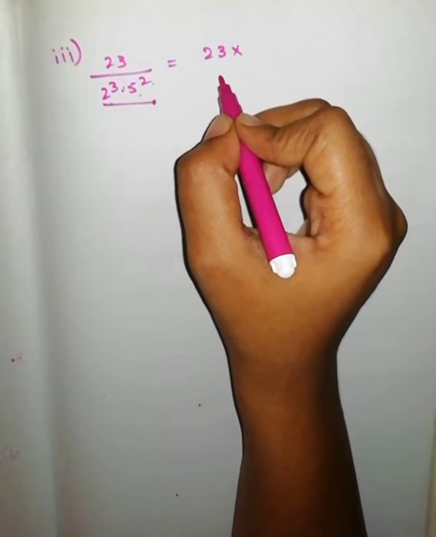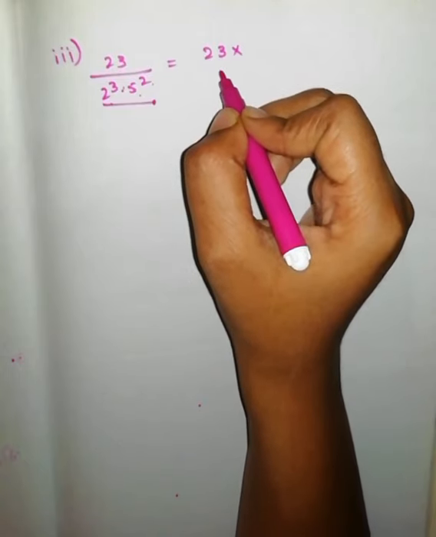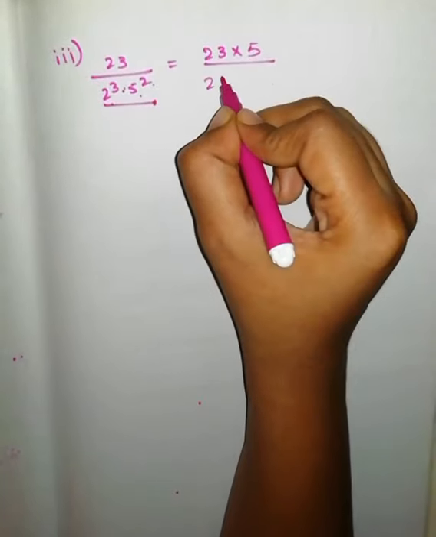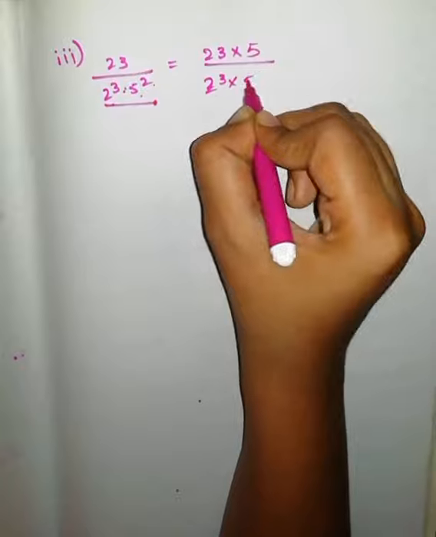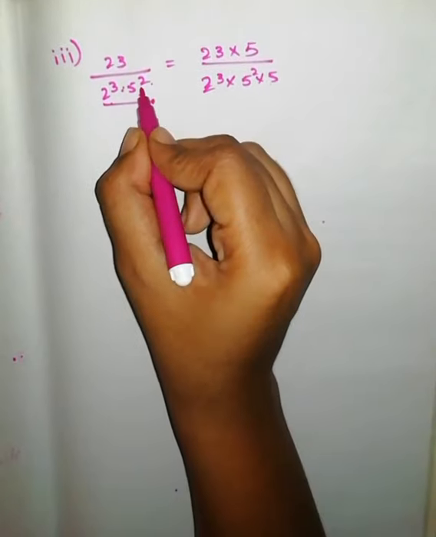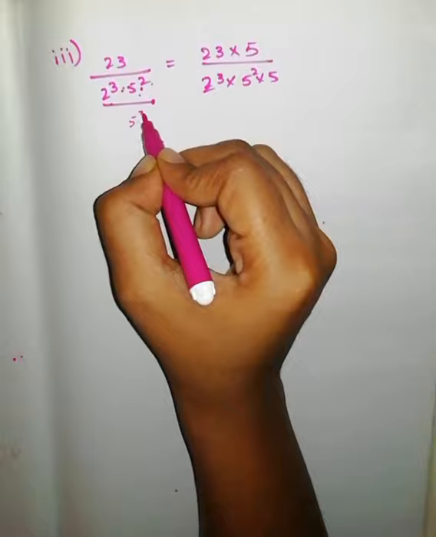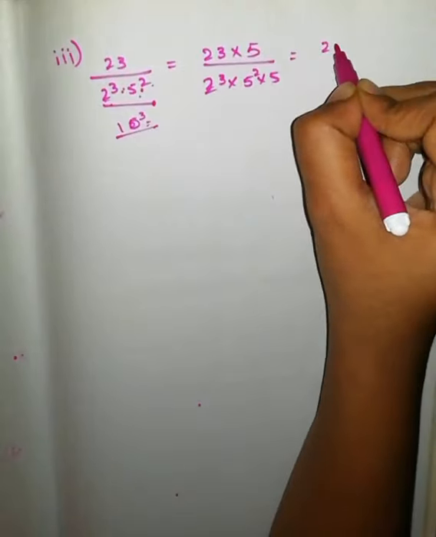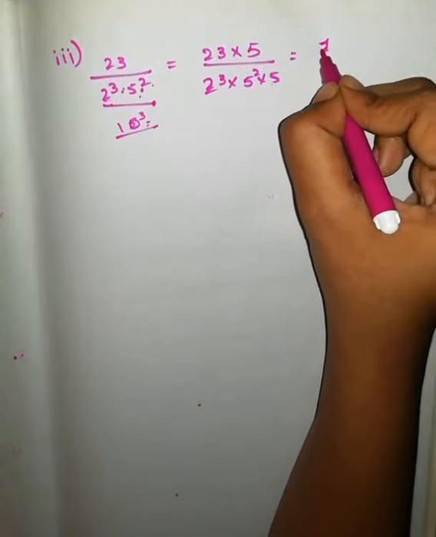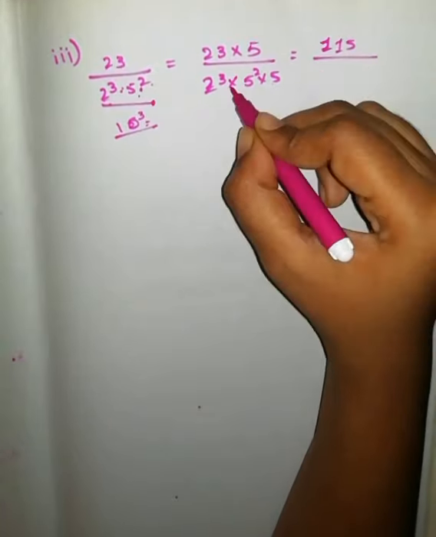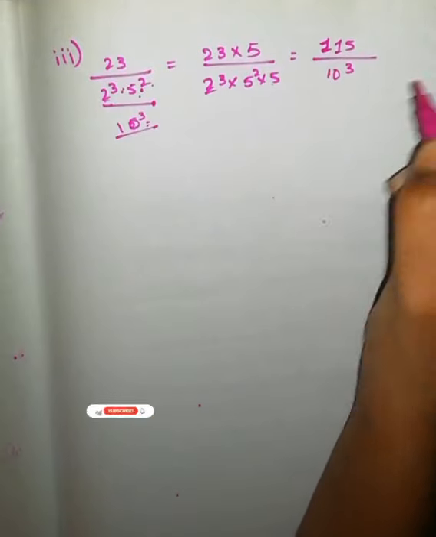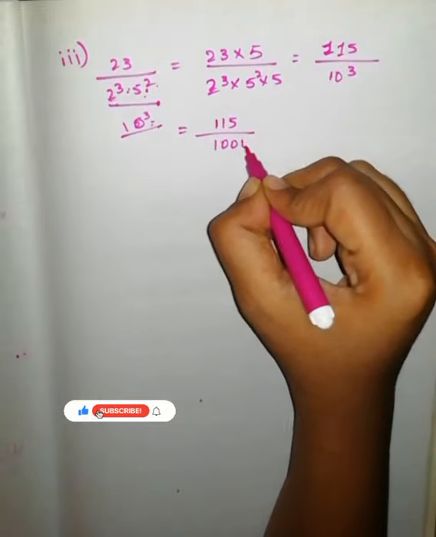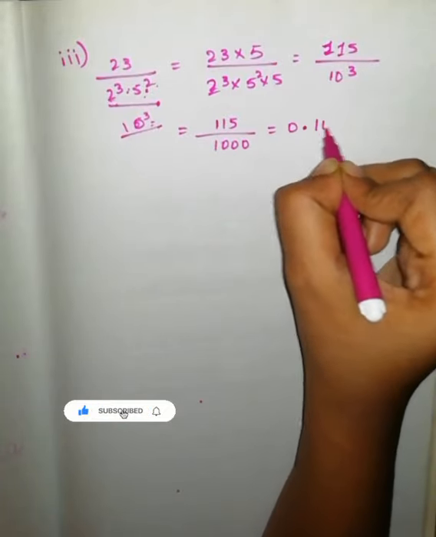For the denominator to become 10 to the power of something, we multiply both numerator and denominator by 5, so that this becomes 5 cube and therefore the denominator becomes 10 cube. Now 23 into 5 is 115 divided by 2 cube into 5 cube, which is 10 cube, which is equal to 115 divided by 1000, which will become 0.115.